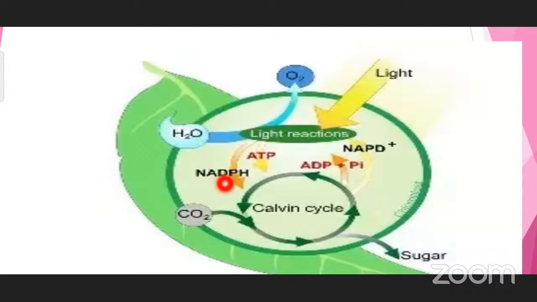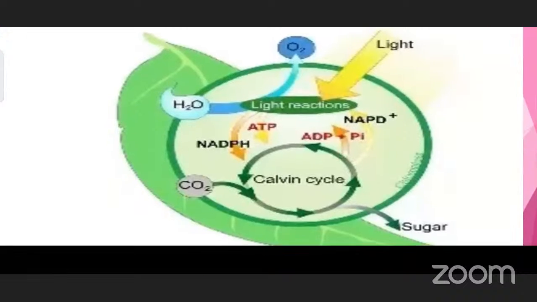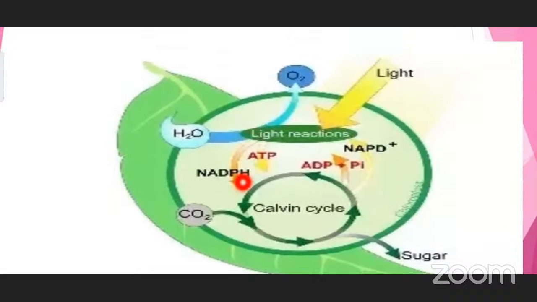So here the reducing power NADPH as well as ATP are the end products of light reaction, and these get involved in the carbon fixation. That means the carbon dioxide is getting utilized, and it is going to form the sugar here. So ATP and NADPH are a connecting link between light reaction and dark reaction, or light reaction and Calvin cycle, as you can see.